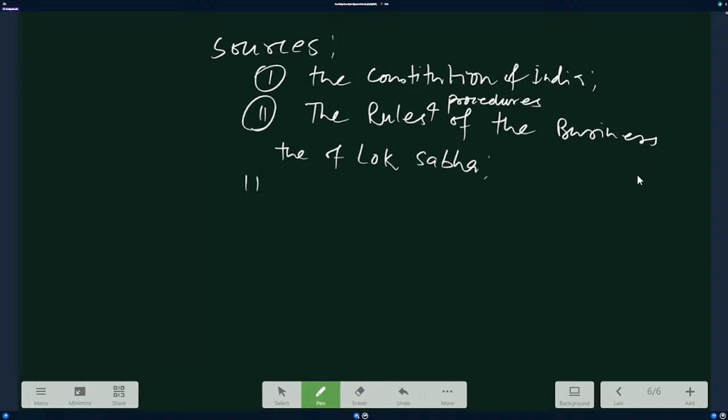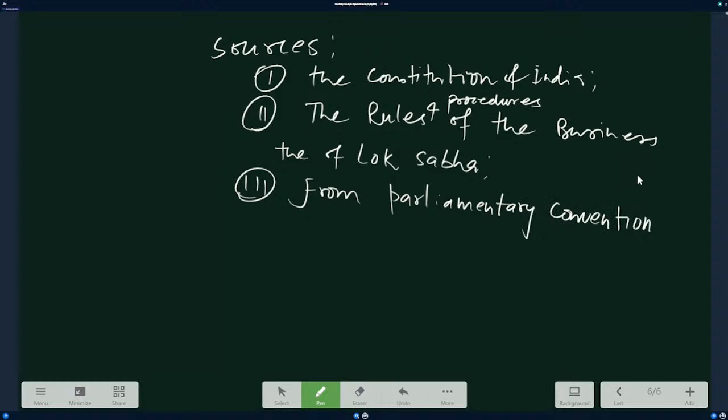And third, from convention, ऐसे लिखिए, parliamentary convention. Parliamentary conventions. These are the 3 sources for the power of the Lok Sabha speaker.